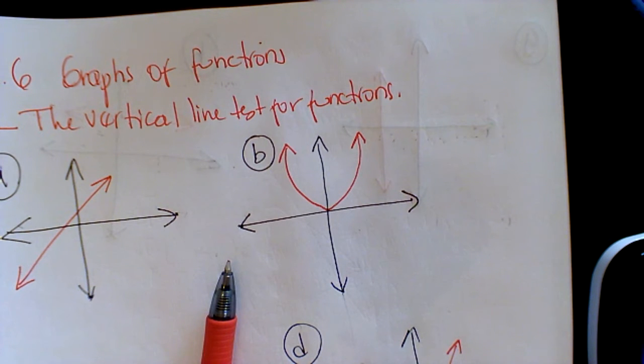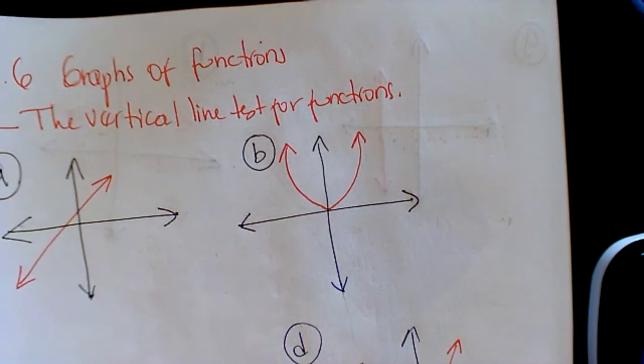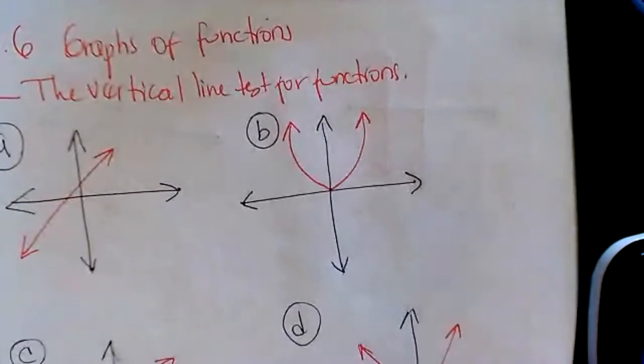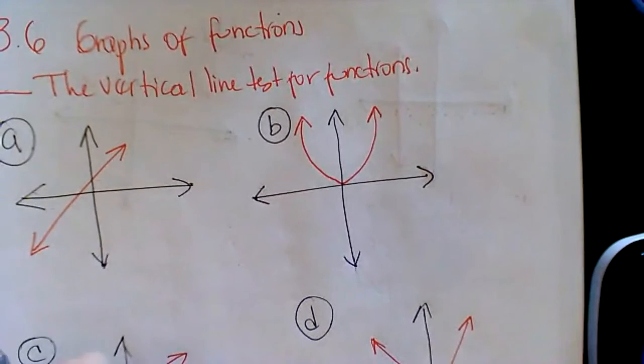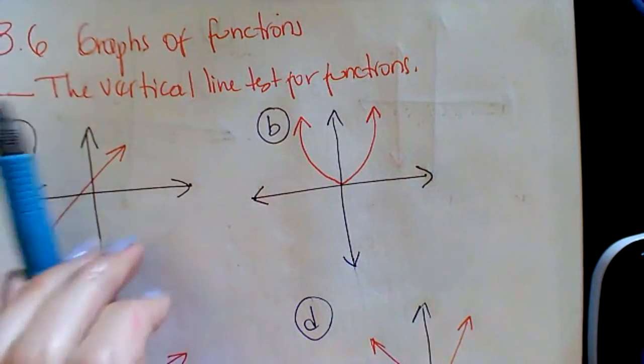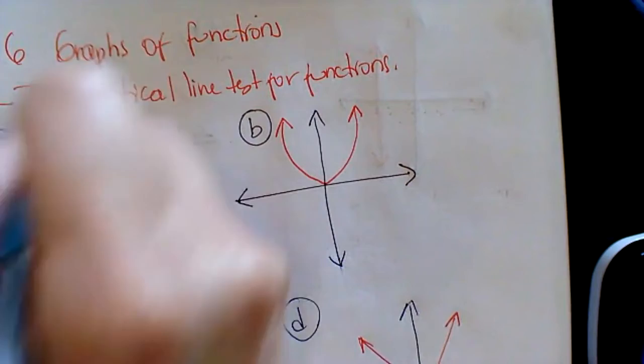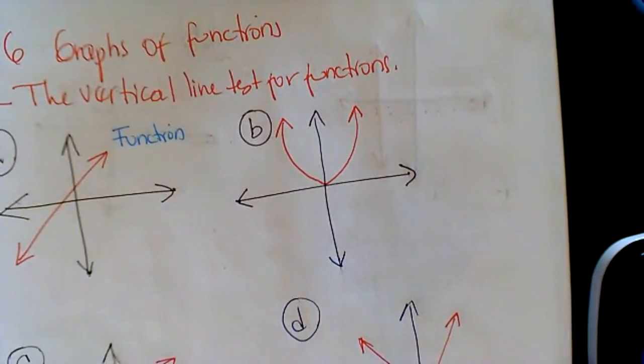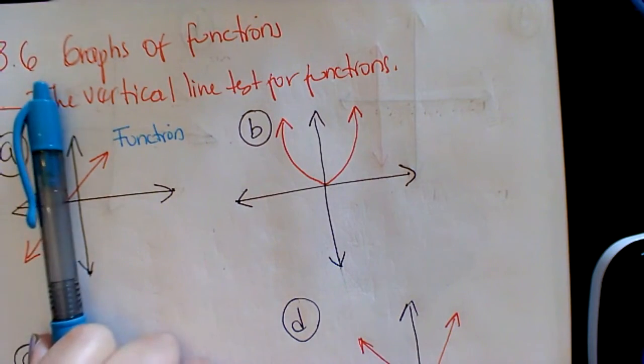We're going to find the domain of the function and the range. Okay, so let's do it. The first one, if we draw the vertical line, it is a function, right? So let's write it down. It's a function because the vertical line cuts through our graph no more than once, just once.